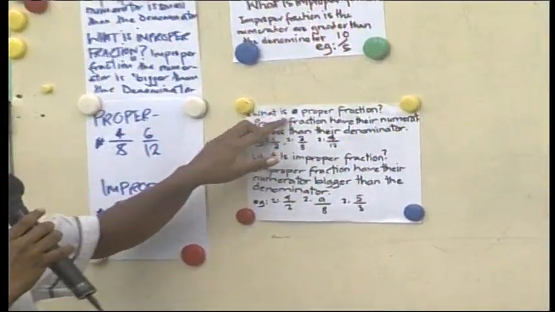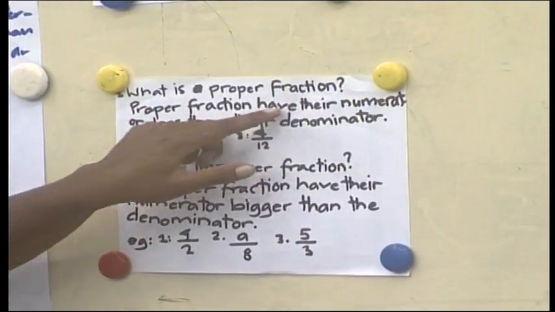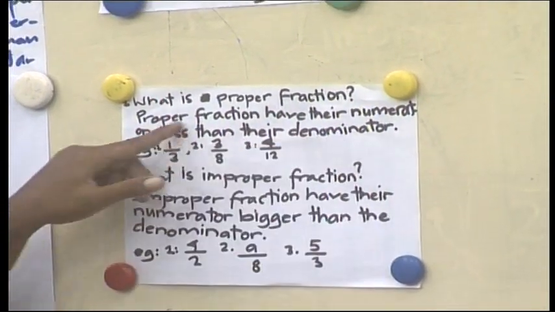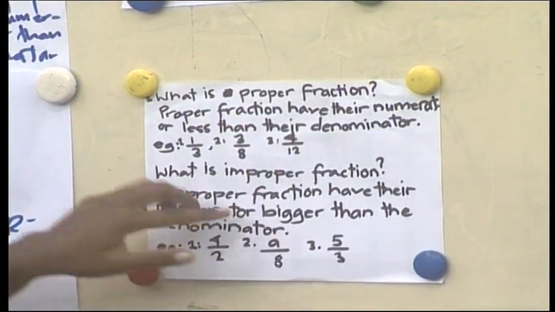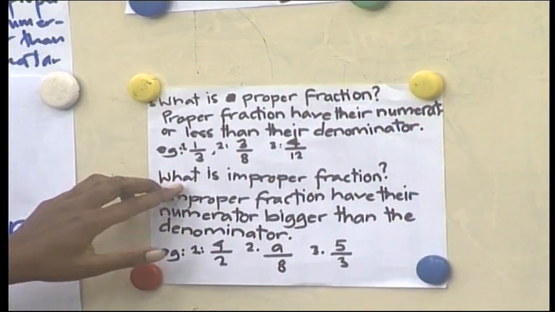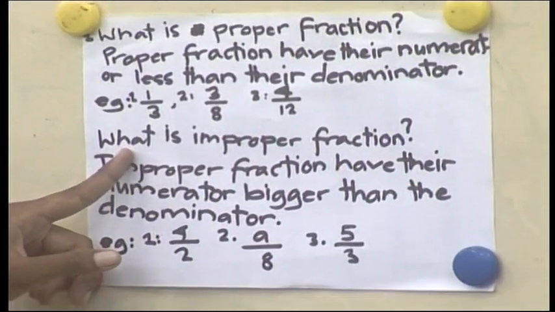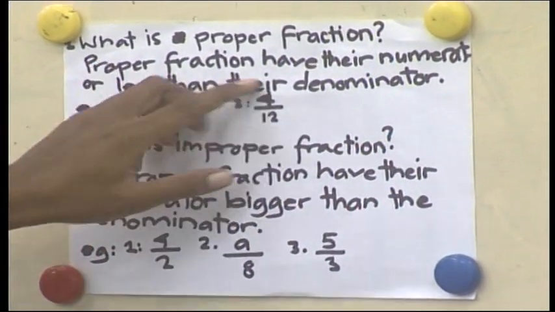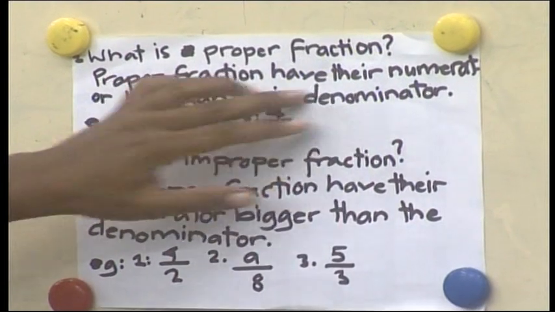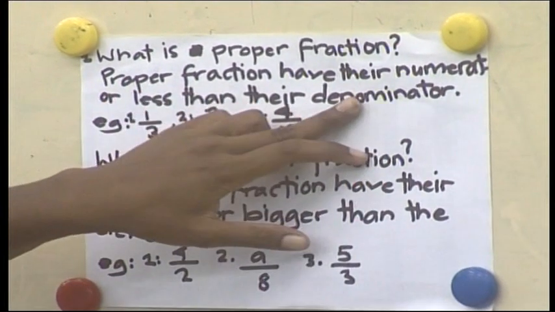Proper fractions have their numerator less than their denominator.